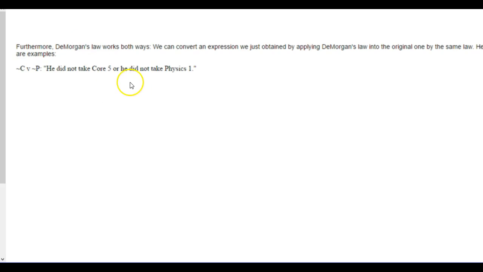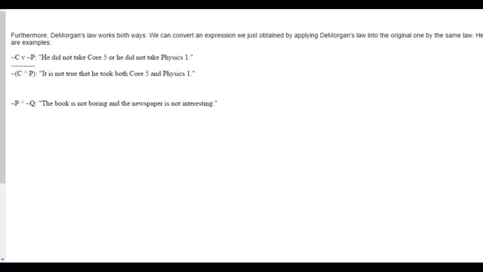Now, interesting about De Morgan's law is it works both ways. So you could take something that, in this case, actually makes sense. It's a good sentence. But we could take it and reverse it. He did not take Core 5 or he did not take Physics 1, and reverse that to say it is not true that he took both Core 5 and Physics 1. Not a great way of saying it, but we can apply De Morgan's law.